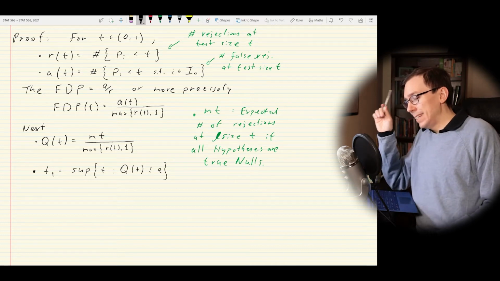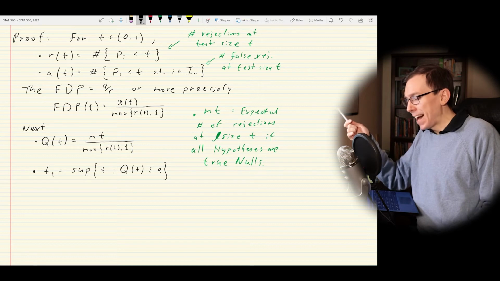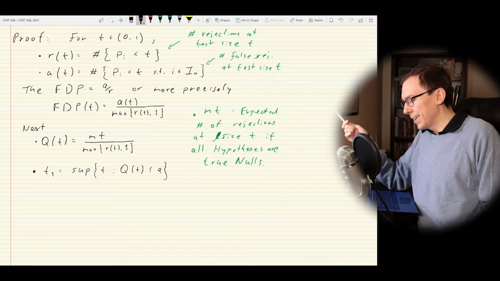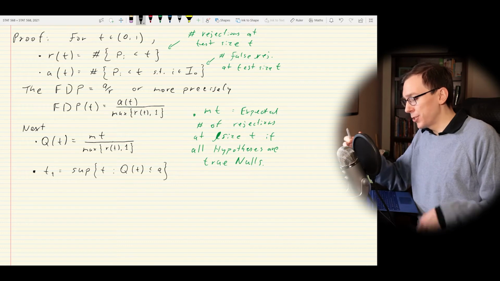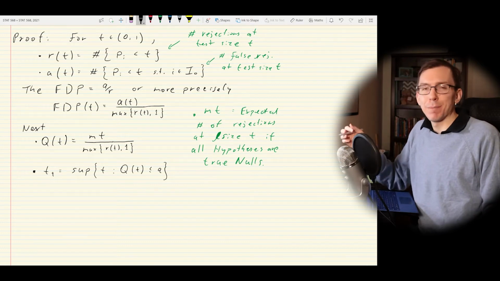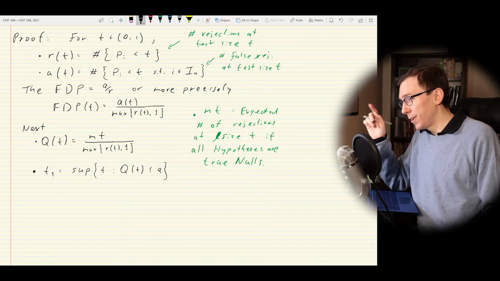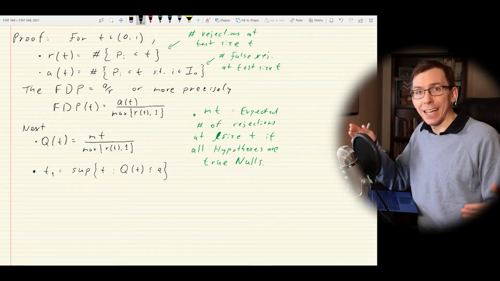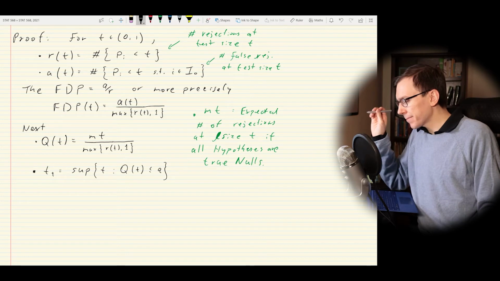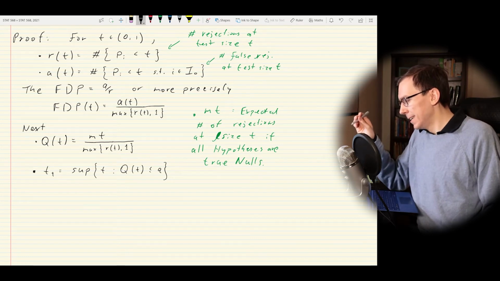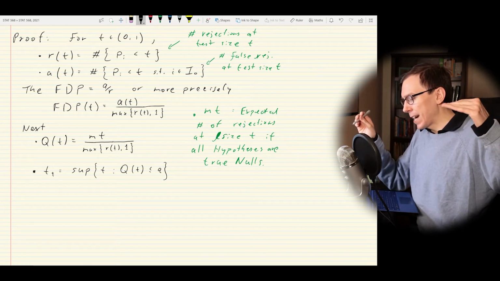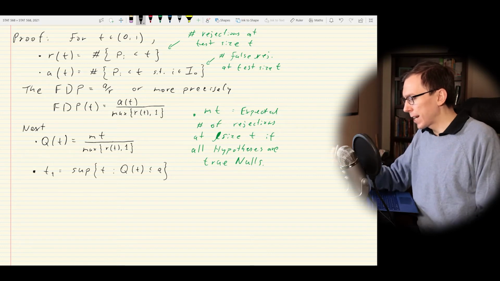So this is just a special value of T. It's the largest value of T where this Q of T is less than the chosen value of little q. Remember, little q is the target false discovery rate chosen by the experimenter. And Q of T, again, is the number of expected rejections divided by the total number of rejections.